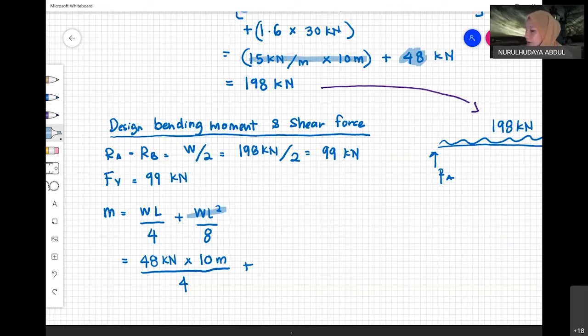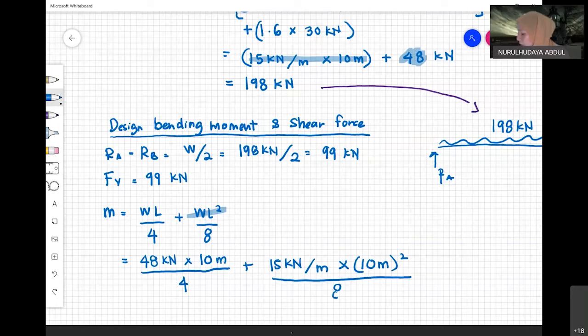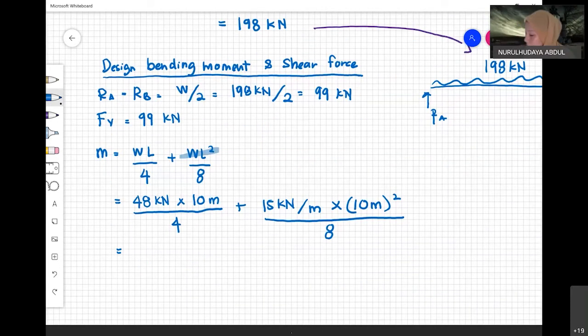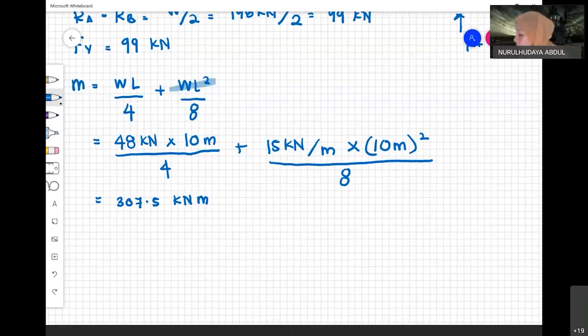Okay, if not, kita terdarab length 2 kali. Terlebih lah. So 15 kilonewton per meter, darab 10 meter, power of 2, divide by 8. Plus 48 times 10 divided by 4 gives 307.5. Alright. So here we actually dah dapat lah the value of moment.